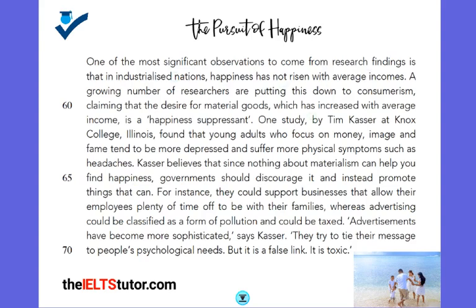Happiness has not risen with average income. So here we've got consumerism. Researchers are putting this down to consumerism and the desire for material goods, which is also related to consumerism, and also wealth, which is, I think, here, average income, money, yeah.